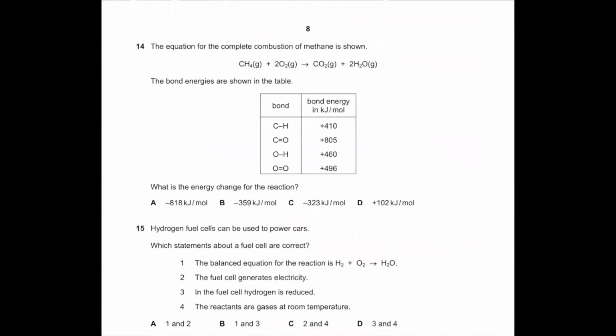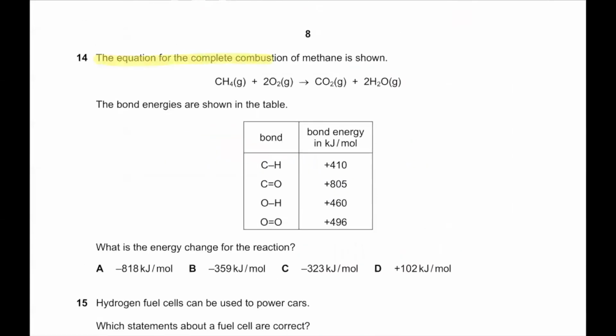Guys, question number 14. The equation for the complete combustion of methane is shown. When methane is burned in oxygen, it produces carbon dioxide and water. The bond energies are shown in the table. We can see the bond energy C-H, C=O, O-H, O=O. What is the bond energy for the reaction? So in methane, we have C, which is single bonded with 4 hydrogens.